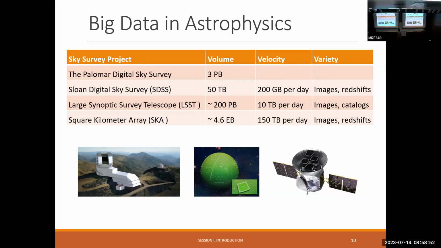What's happening now is we're moving from satellites and space observatories that would focus on a specific area in the sky and take long exposures, to new types of instruments and new types of surveys that try to cover the entire sky every night.